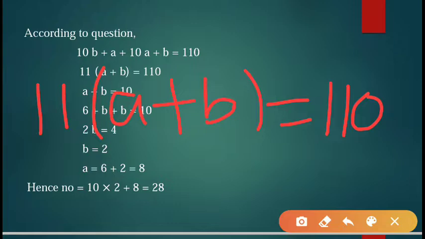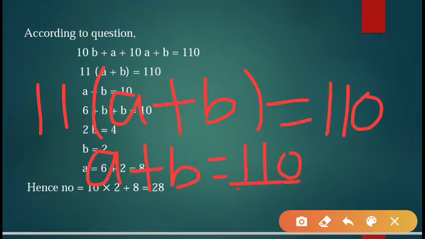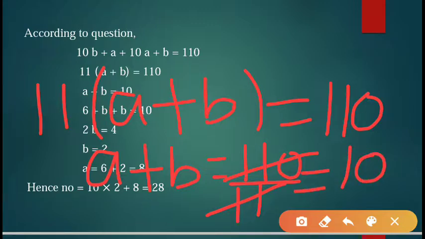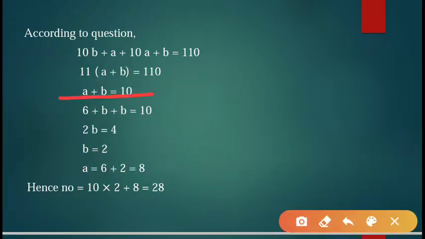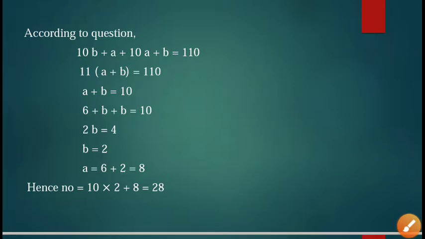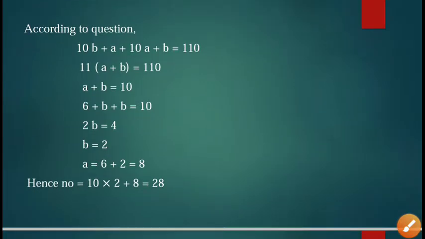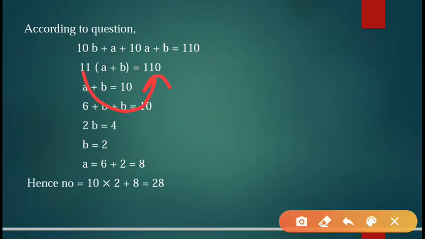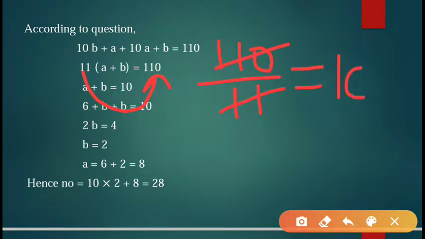When you transfer this 11 to the right hand side, it converts into divide, 110 upon 11, and when you cancel it, this will give you 10. Clear? Here I have written a plus b is equal to 10.